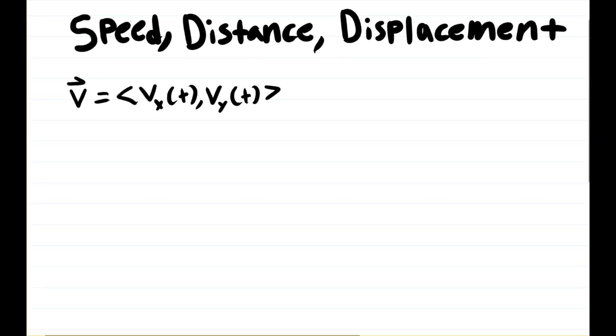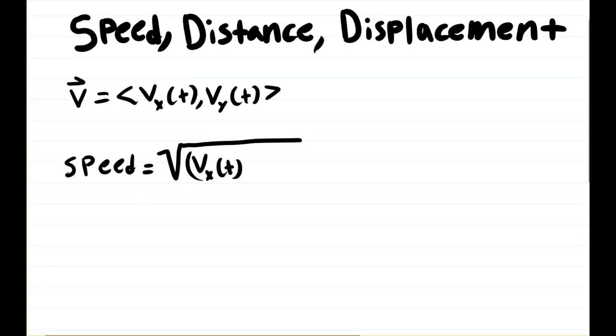Well, speed is just the magnitude of the velocity. So speed is equal to the square root of v sub x of t squared plus v sub y of t squared.